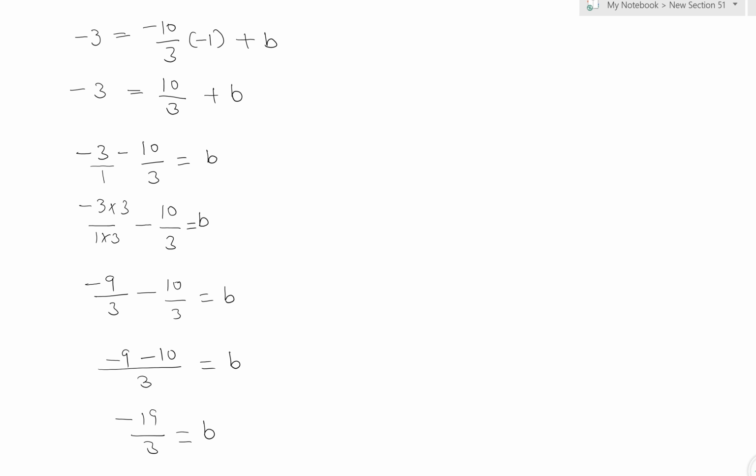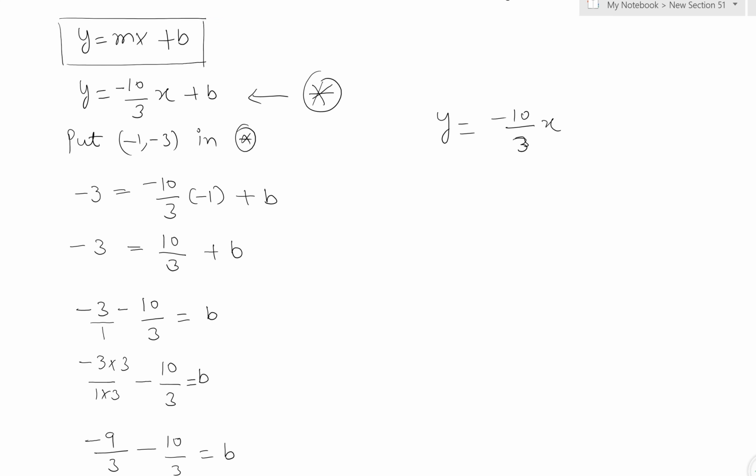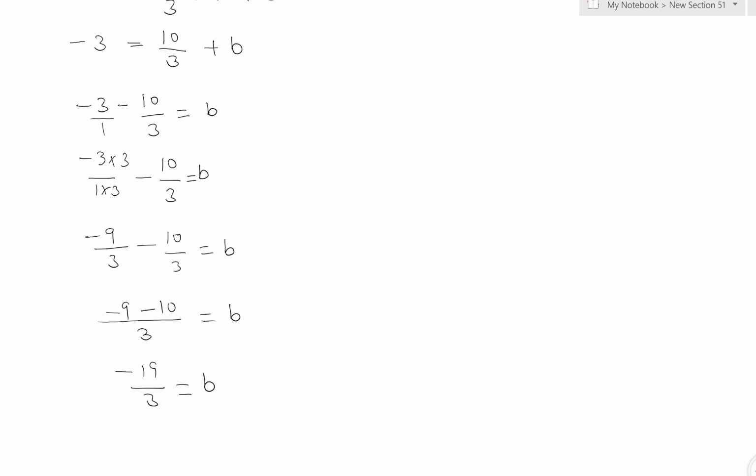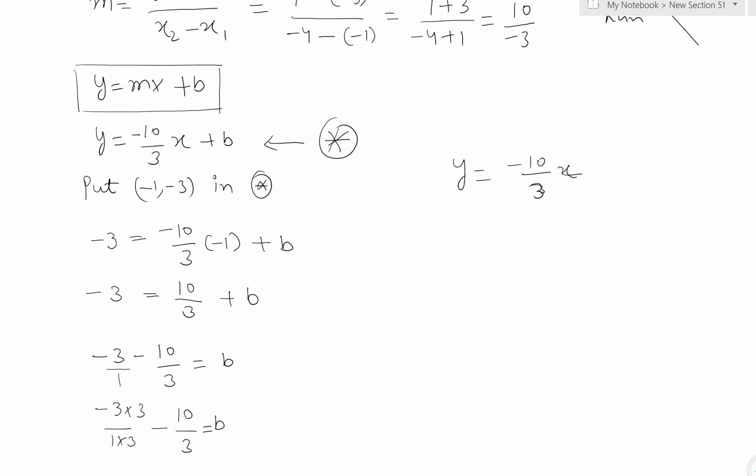So my b value is negative 19 over 3, and I substitute b in star. If I substitute the b value that I just figured out in star, I keep everything as it is and replace b by its value that we figured out. So we figured out that b is negative 19 over 3, so I write negative, sorry.